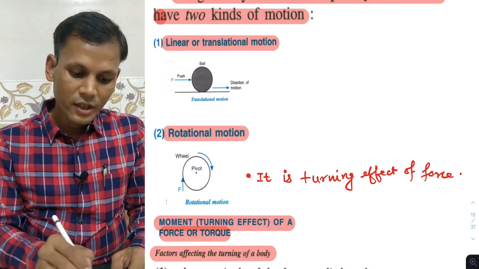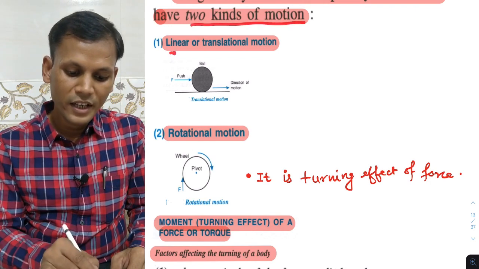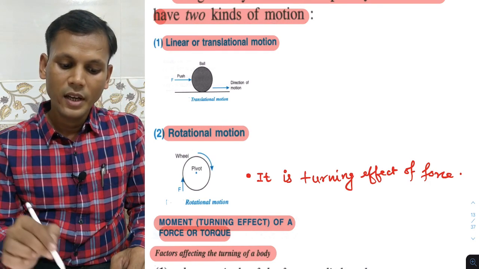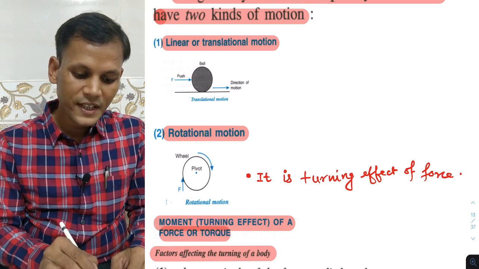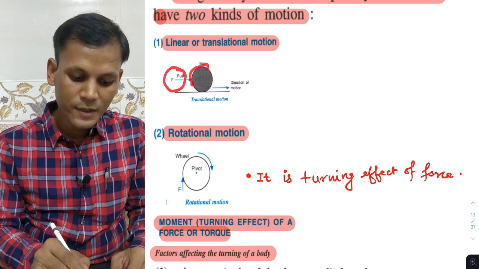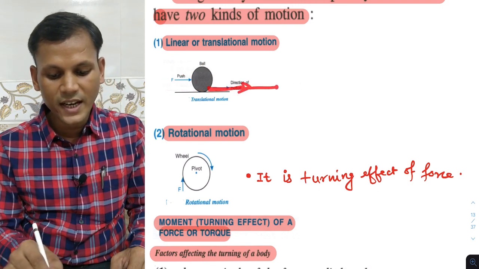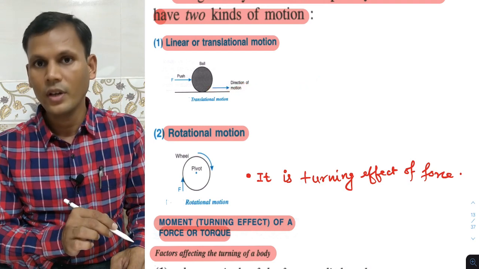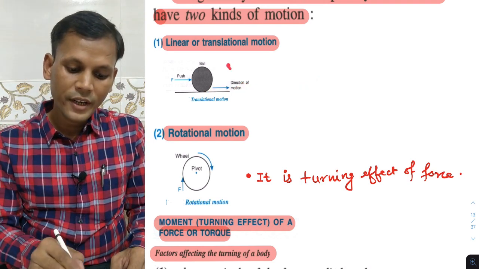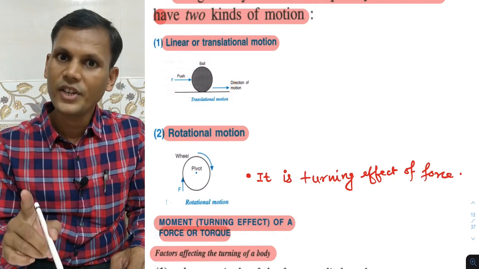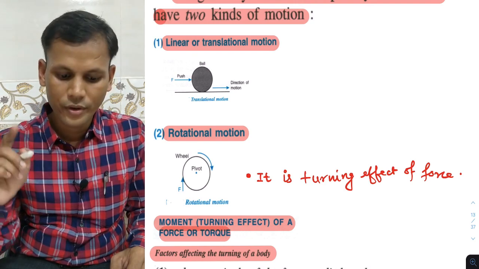As you can see, when force is applied on this stationary ball, this is the direction of motion, a straight line. So due to force, the body can perform translational, linear or straight line motion.